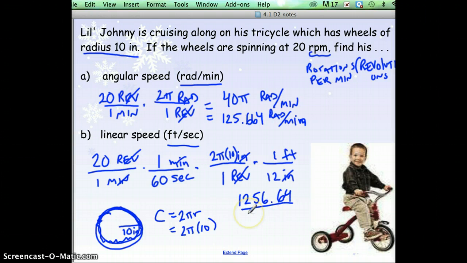And on the bottom, we've got 60 times 12, 720. Okay, and divide those. And we get 1.745 feet per second.